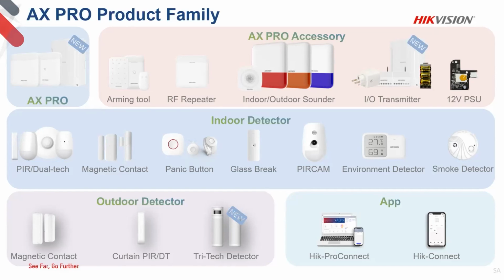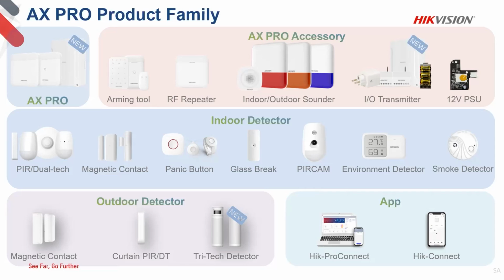And there are also sensors and detectors. In the middle, we have shown detectors that can be installed indoors: PIR detectors, which are passive infrared detectors, and dual tech detectors that combine PIR technology and microwave technology. These can be used to identify intrusions in your residence or business places.